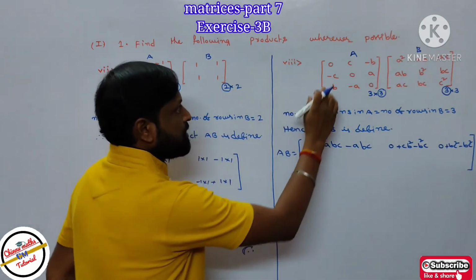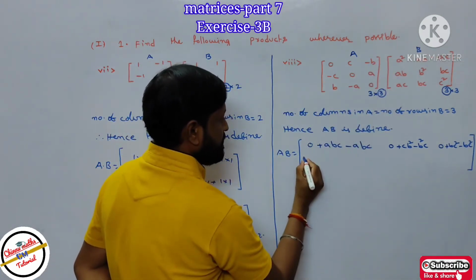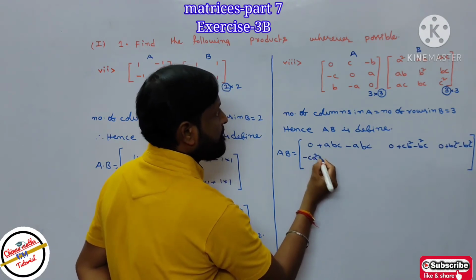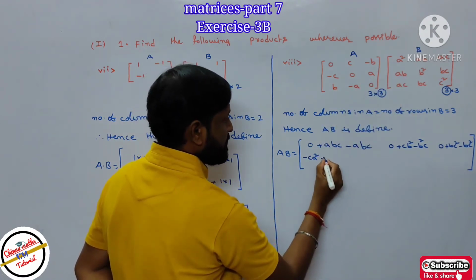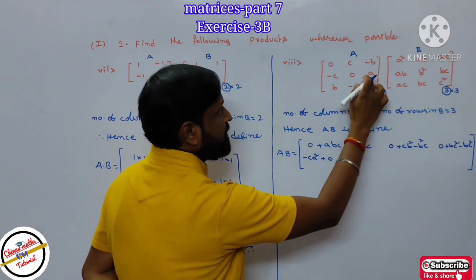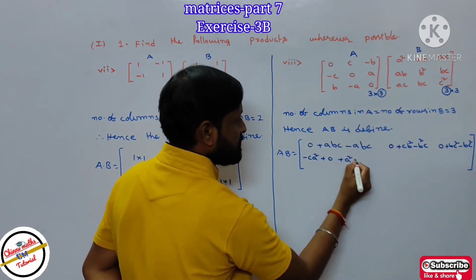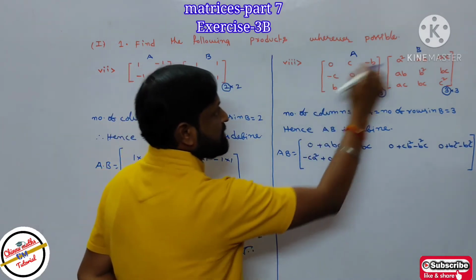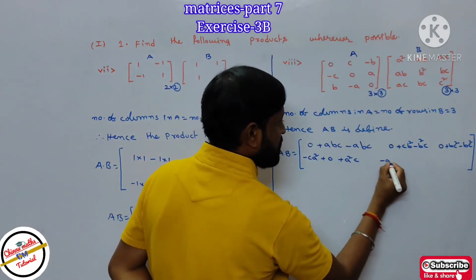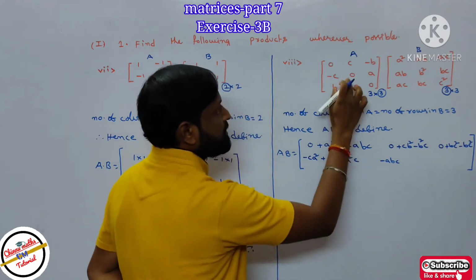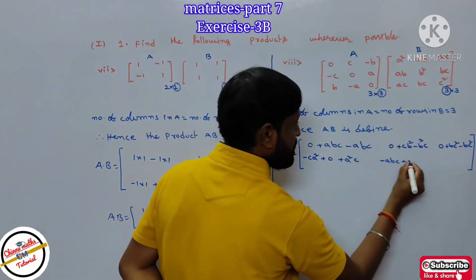Next, second row: minus C into A square, minus CA square. 0 into this one plus 0. Next A into AC, plus A square into C. Next minus C into AB, minus ABC. Okay. 0 into B square plus 0.